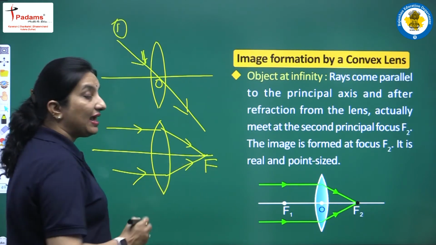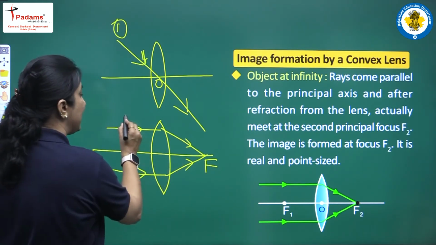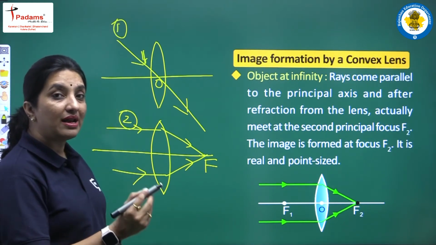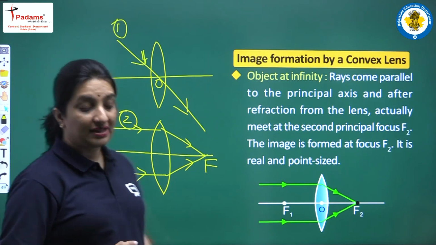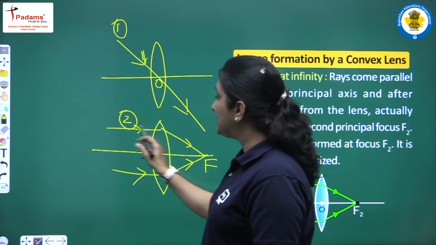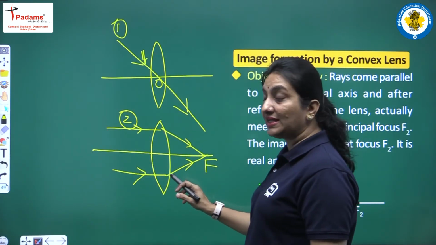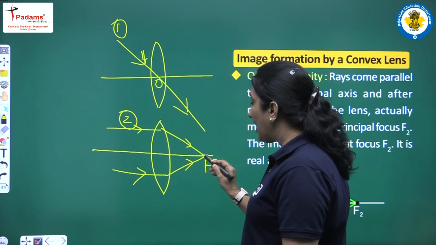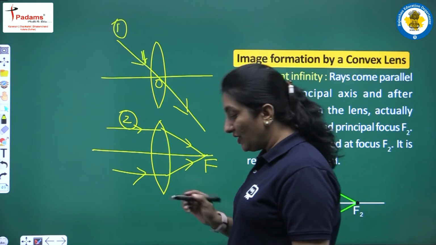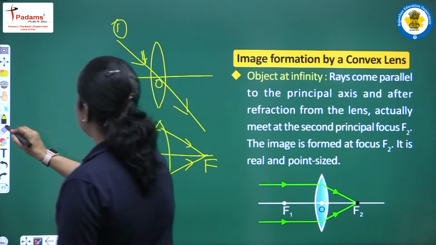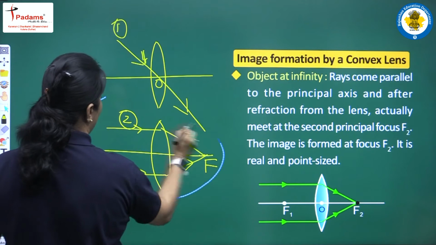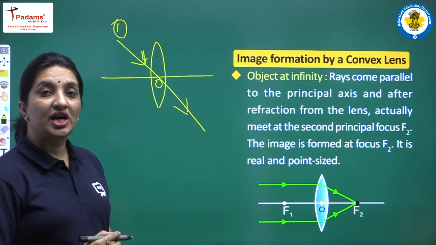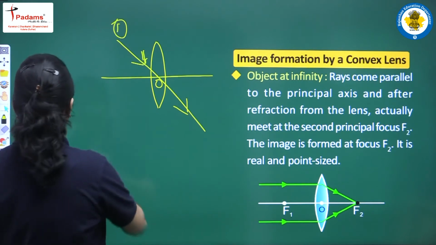So we can take parallel rays as the second type of rays, and what we see is that all the rays which are incident parallel to the principal axis, after refraction through the convex lens, meet at the focus. So we can take the second type of rays as the rays which are coming parallel to the principal axis.